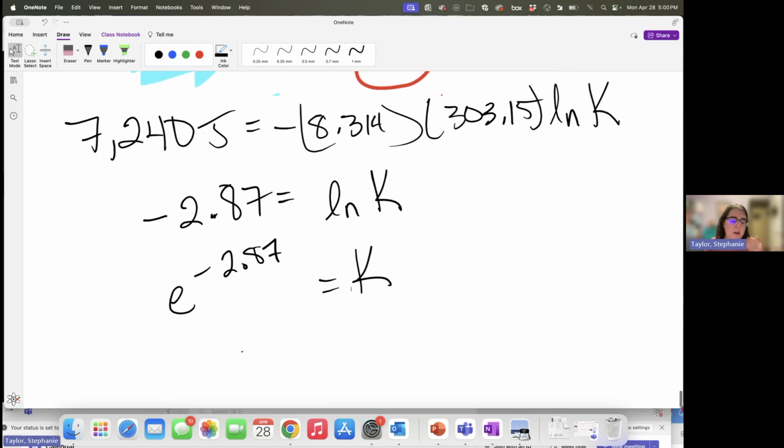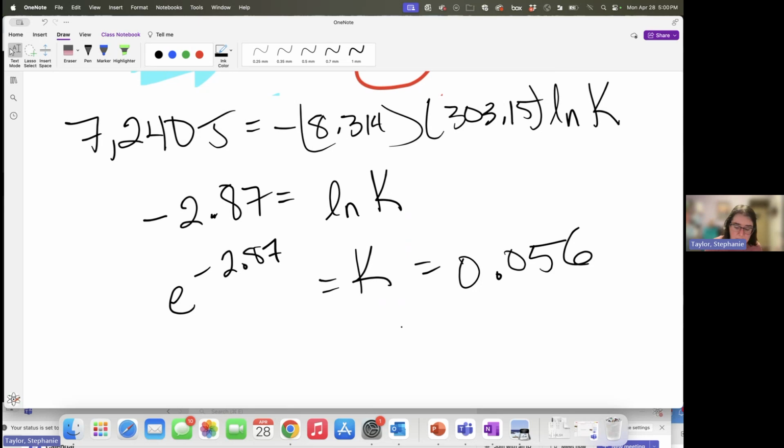This is a negative number, so K should be small. Also, we had a positive value of delta G standard, so K should be small. K is 0.056. What you can hopefully see is, with my value of delta G standard being positive, basically 7 kilojoules, I have a value of K that's less than 1, but not that far less than 1.